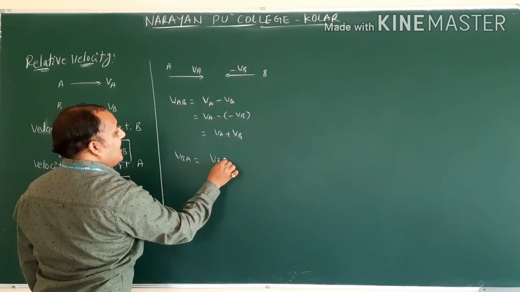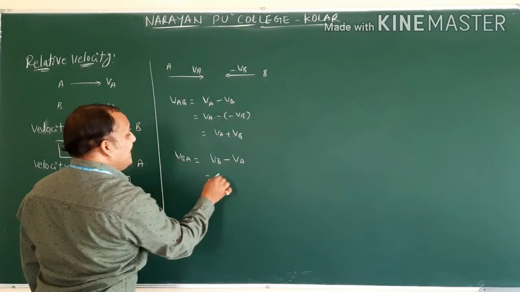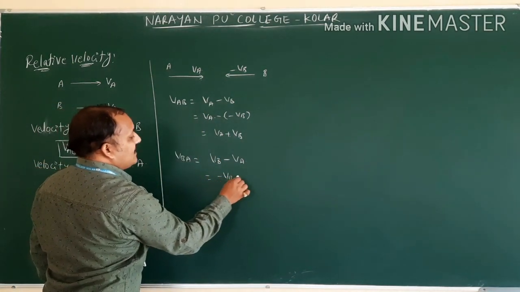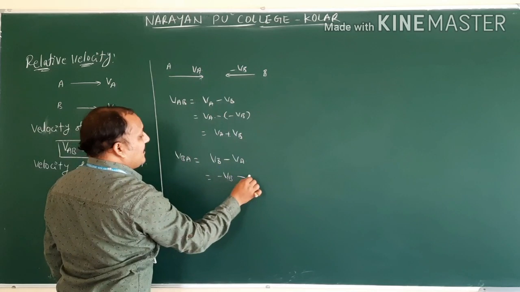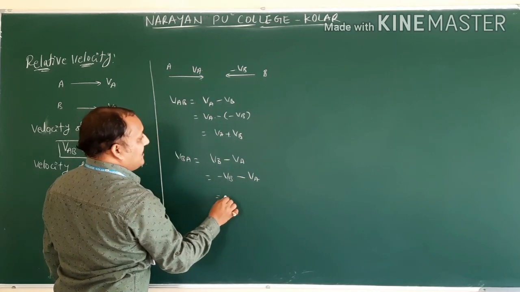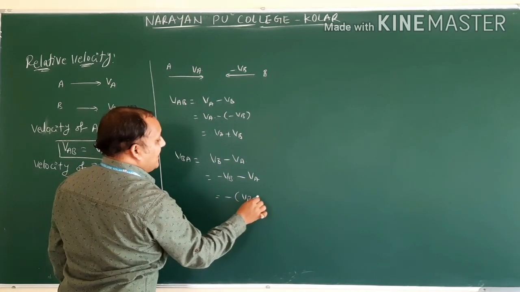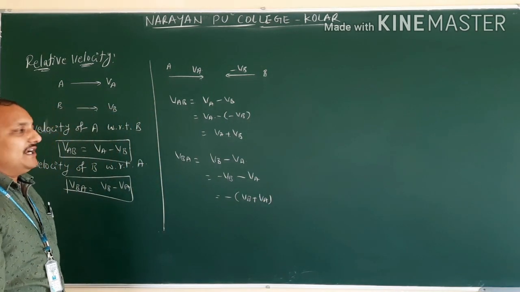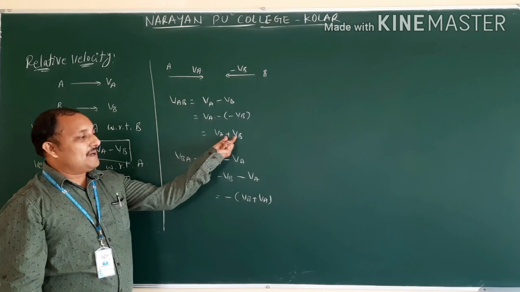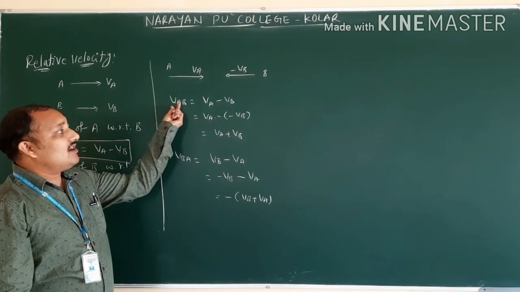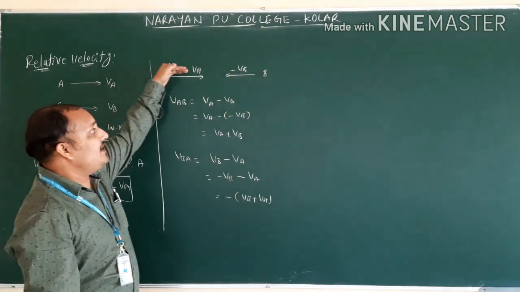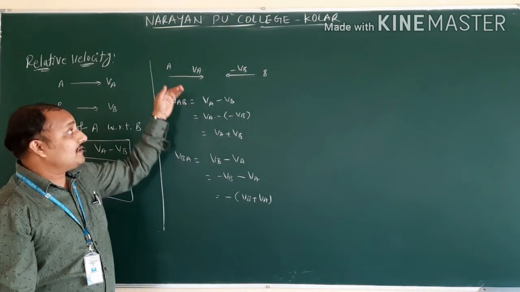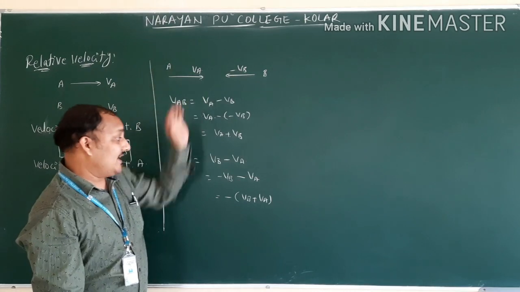The general formula is VB minus VA. VB we got as minus VB, and minus VB minus VA gives minus VB minus VA. So we have to take care about the negative sign. If we get VA plus VB, the velocity of A with respect to B is in the forward direction.